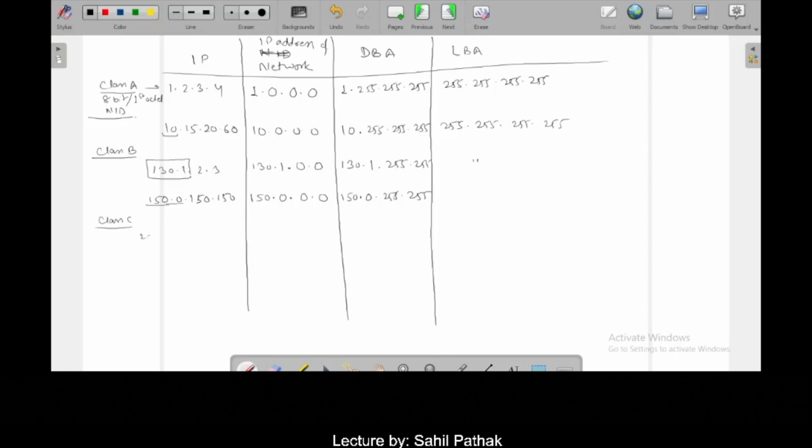which is 200.1.2.3. Because it is a class C address, there would be a 24-bit network ID part.